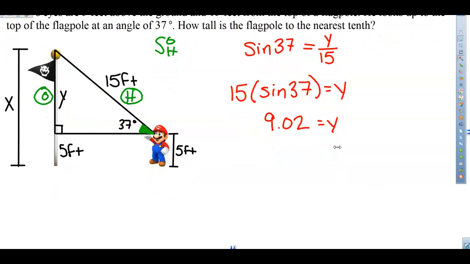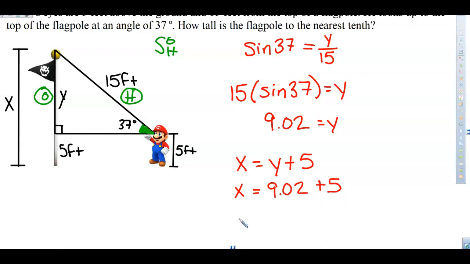Now, to find the value of x, it is going to be y plus 5. So it's going to be 9.02 plus 5, which is 14.02. Now, we round to the nearest tenth. If we're rounding to the tenths place, that means I want something in the tenths place, unless it is exactly a whole number.